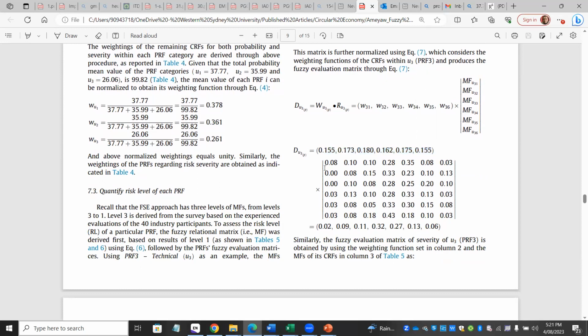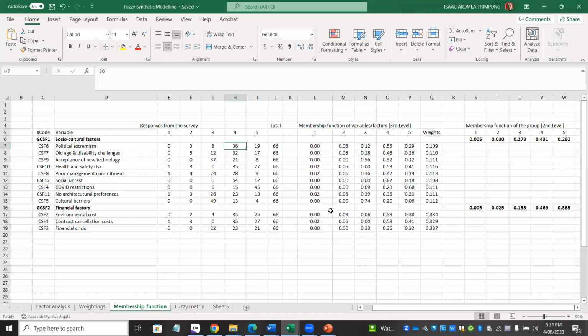Then you multiply it by this matrix, which is the membership function generated from how respondents rated each of the factors. When you multiply, you add, you multiply, you add. I showed you an example in the previous video of how to go about this.